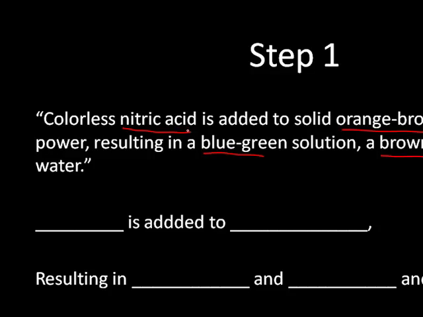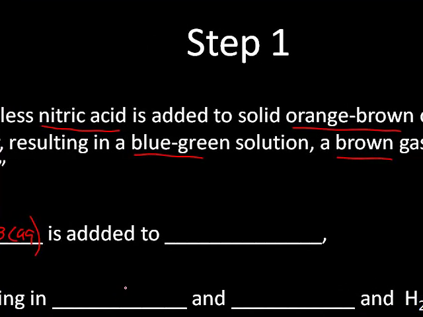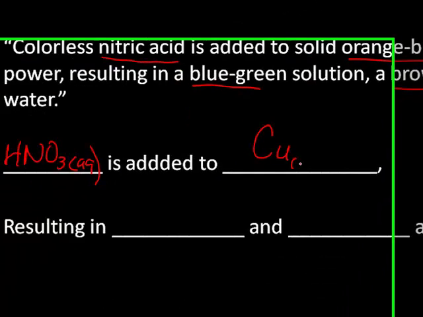So the first thing is the nitric acid. Looking at our lesson number 6, we look up nitric acid. We see nitric acid's formula is HNO3(aq). And it's being added to the orange-brown copper powder, which has the formula Cu.